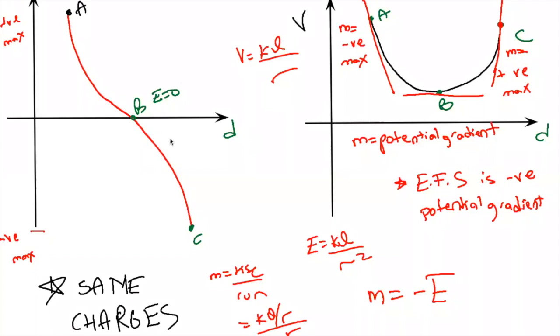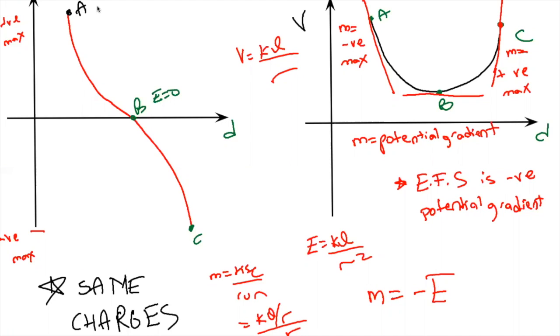Now, the reason I made them like this, next to each other, is so I could prove that M is minus E. A lot of questions will ask you about potential gradient and stuff, and when you're doing the question and you don't know this, it's going to be confusing. So here I know that this is plus VE max and this is minus VE max.